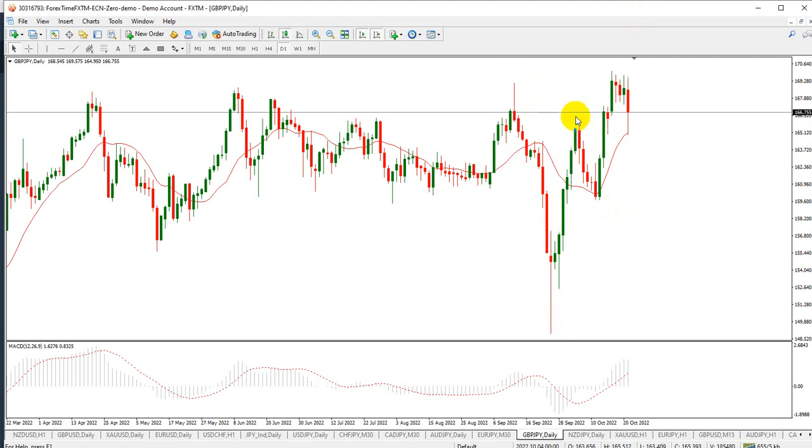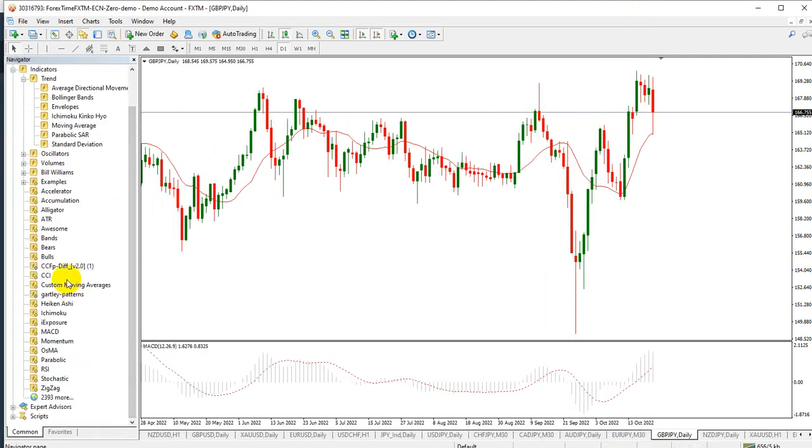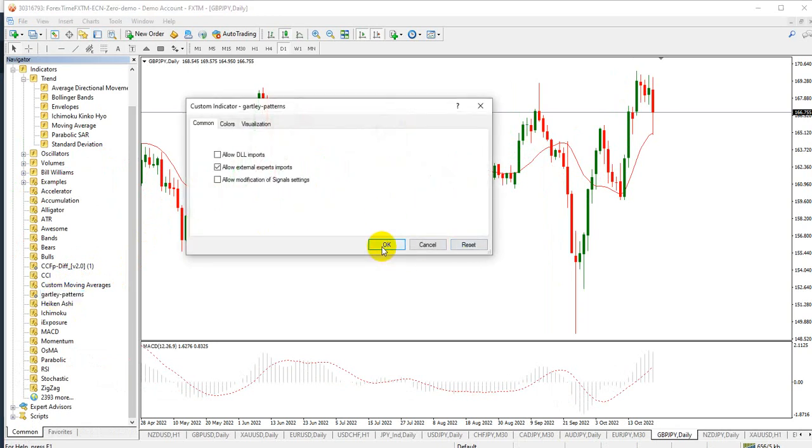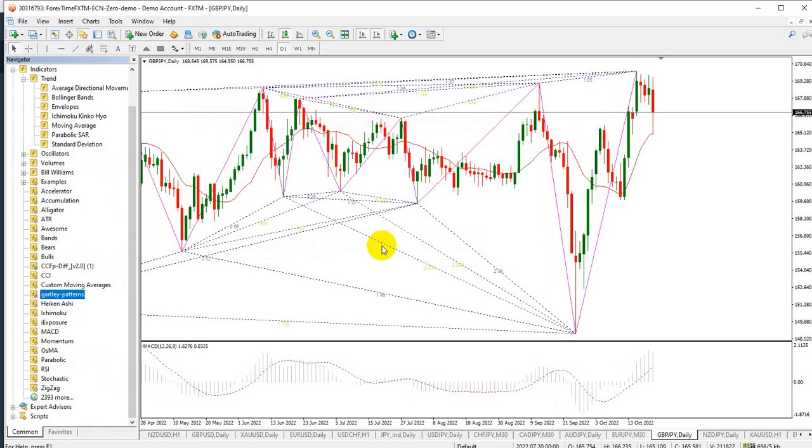Wow, this point, this, and this actually are the points. So let's see. Let's put our harmonics and see if actually, let's put our daily pattern and see.